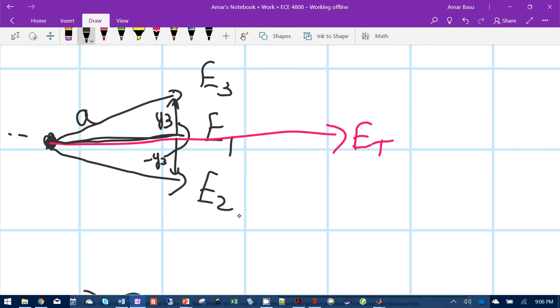So when you add up E2 and E3, the y components are going to cancel each other, and you're going to be left with just the sum of the x components. Does that make sense?